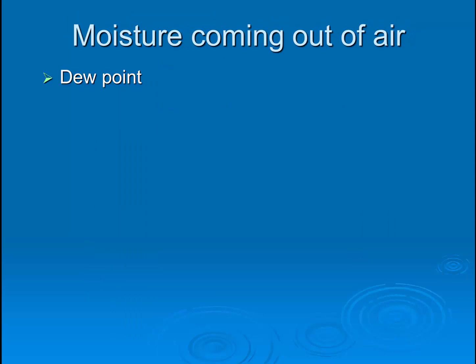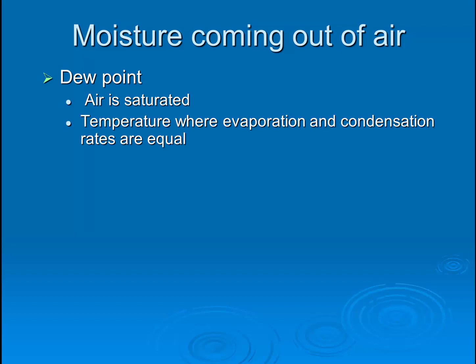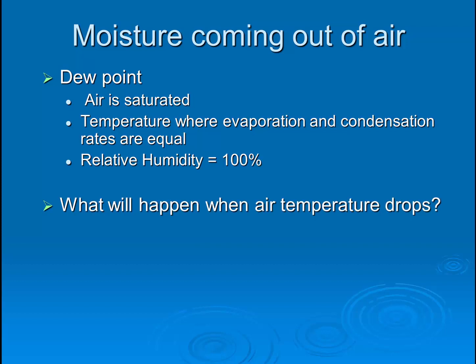Let's talk about the dew point. What happens if the air is saturated? Remember, saturation means an equal amount of evaporation and condensation happening. That would indicate that the relative humidity is equal to 100% if the air is completely saturated. So what happens if we drop the temperature down below the dew point?